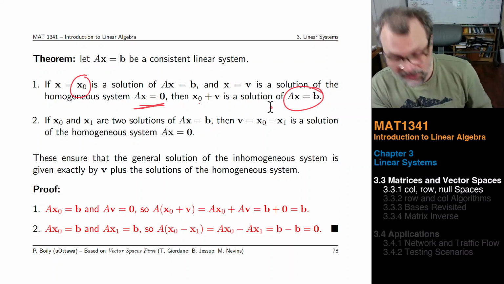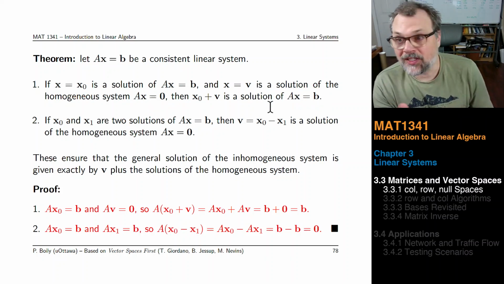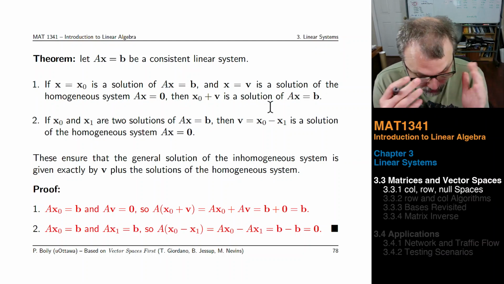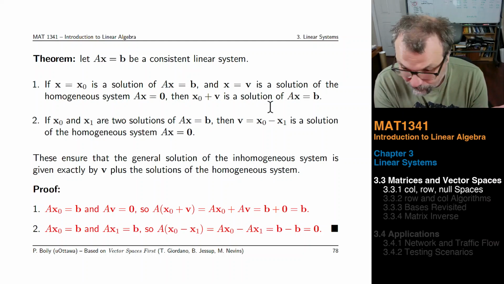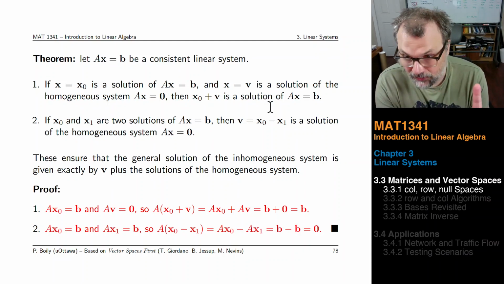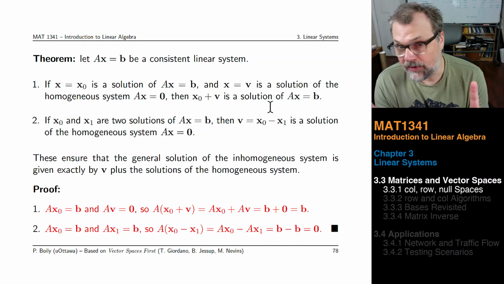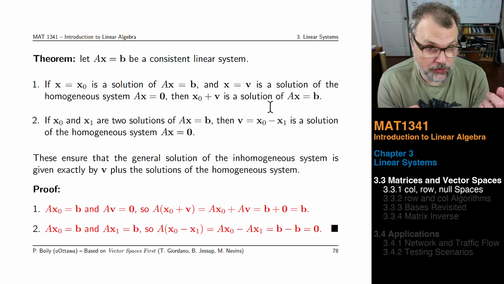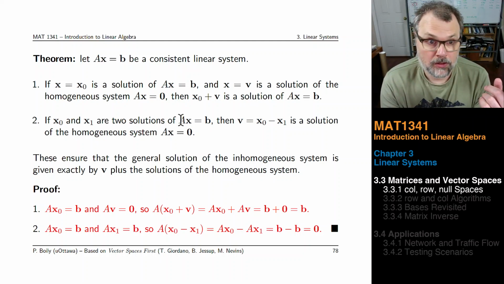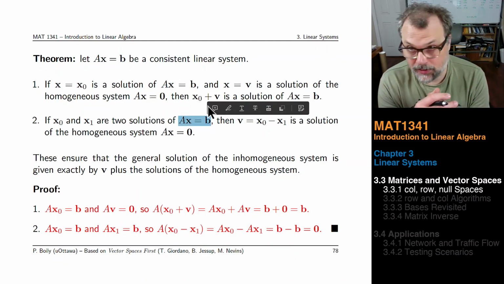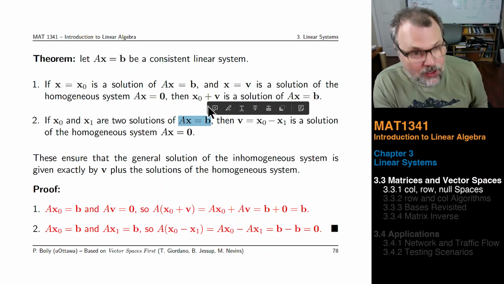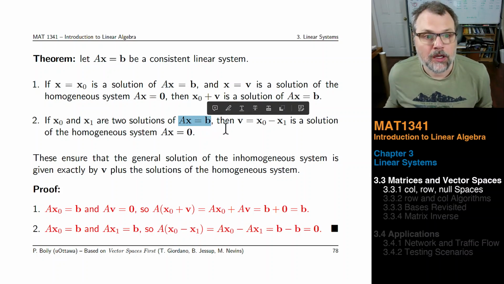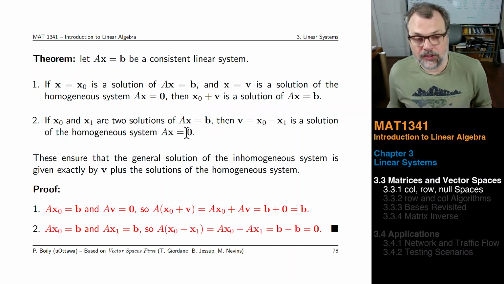So it's just formalizing what we said before. In order to get a solution to an inhomogeneous system, you find a particular solution, and then you find all the solutions of the homogeneous system, and you add those together. And if you have two solutions to the inhomogeneous system, then subtracting one from the other actually gives you a solution of the homogeneous system.